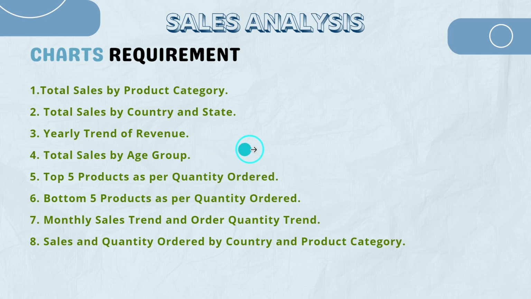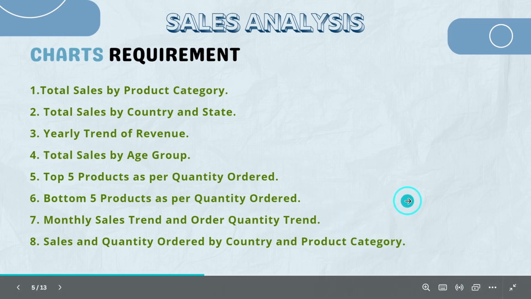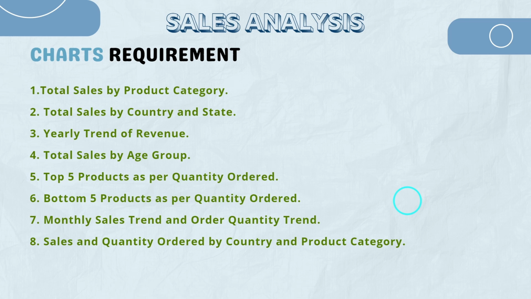We have to mention the top 5 and the bottom 5 products based on the ordered quantity, and we have to show the monthly sales trend and order quantity trend, and also the same by country and product category. So this is the chart requirement.